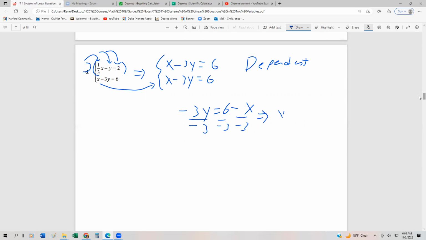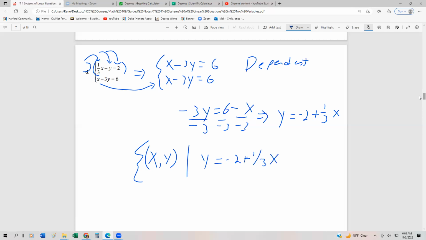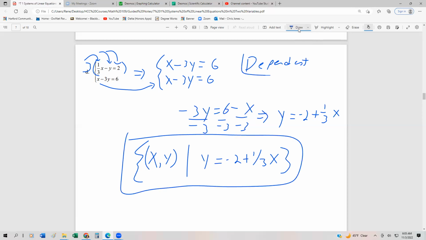And so I would get y equals negative 2 plus 1/3 x. And my solution would be the set of all ordered pairs (x, y), such that y equals negative 2 plus 1/3 x. And again, that's because we have a dependent system. There's an infinite number of solutions. If you were to graph this, you would see that that's indeed the case.